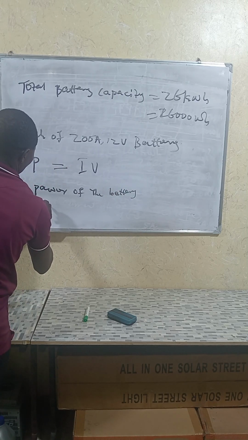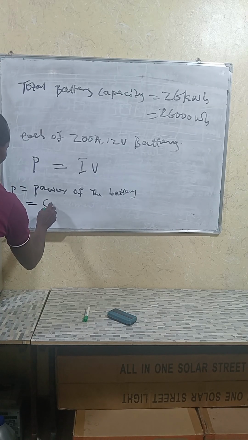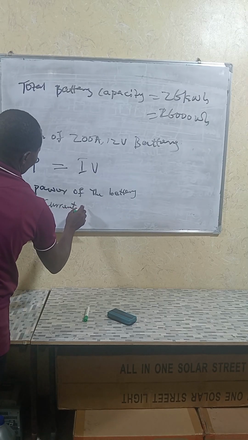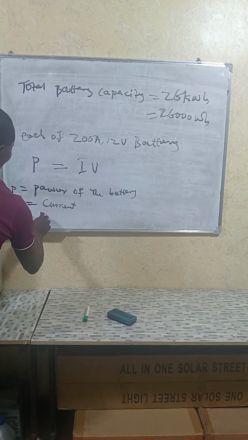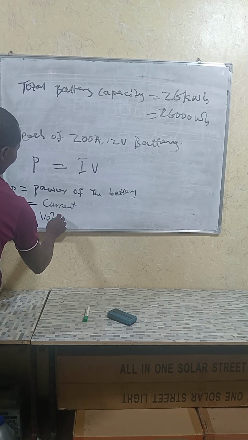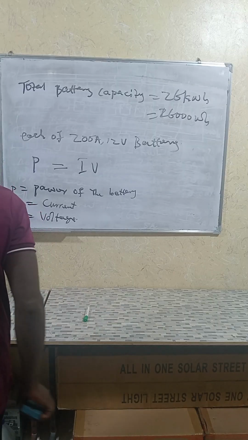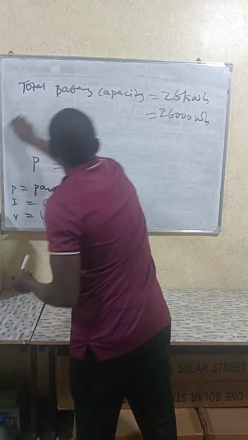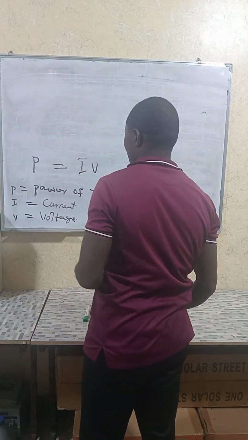I is equal to the current. Then V is equal to what? Voltage. So now we have the battery is 200 amps and 12 volts.